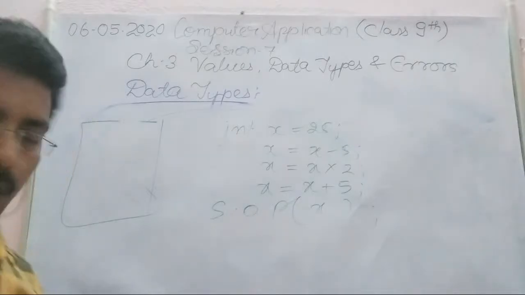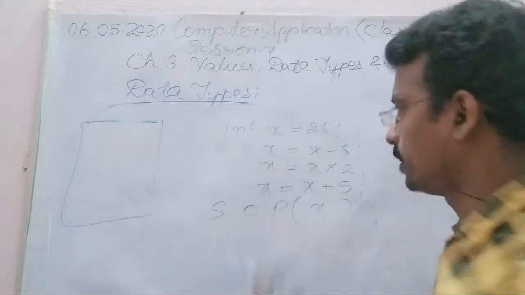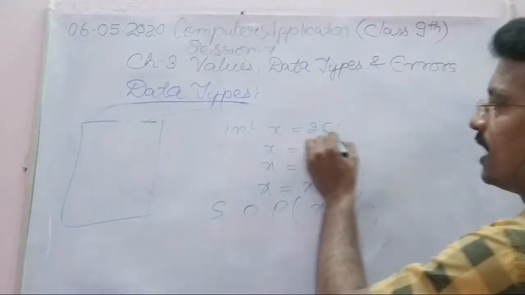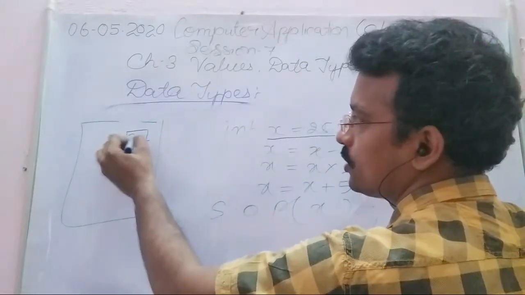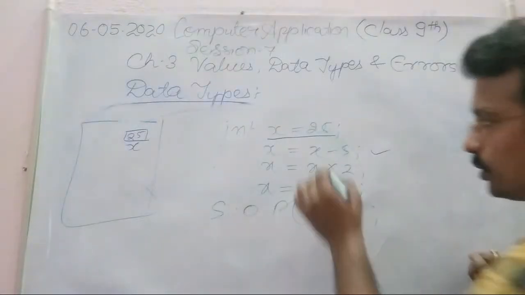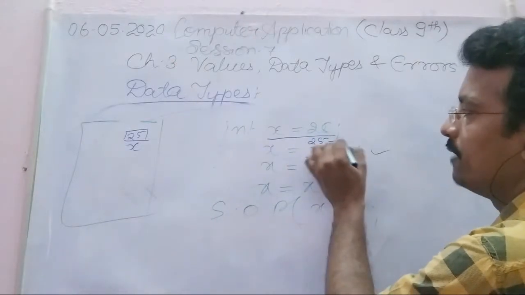Can we? Okay, let's do. Those who are able to, they will continue. Those who are not will watch here and match your answer after this. See, first value of x. A memory area is created with the name x, and here 25 is kept. After that, this statement executes. This statement says the last value, 25, will be called here, minus 5.